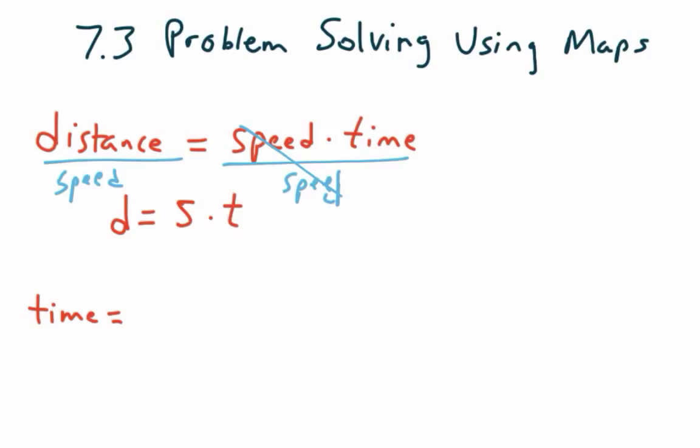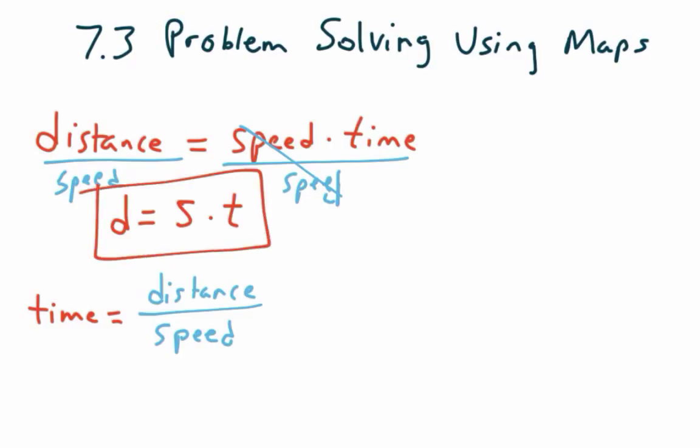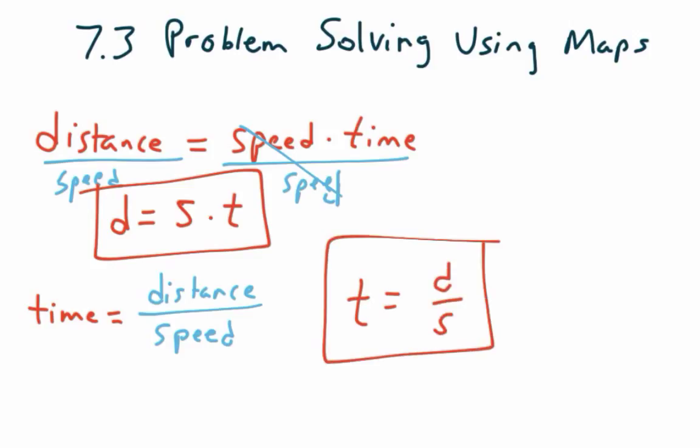So time is going to be distance divided by speed. Or if you just write the letters, we have d equals s times t, or t equals d divided by s. So I'd have those written somewhere.